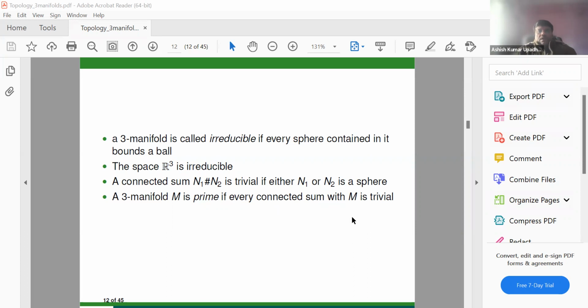So what we have done: we wanted to understand the structure of a three manifold, and for that we tried to simplify the manifold by cutting along some substructures, currently spheres. And when we cut along spheres, we arrive at a manifold which is prime.